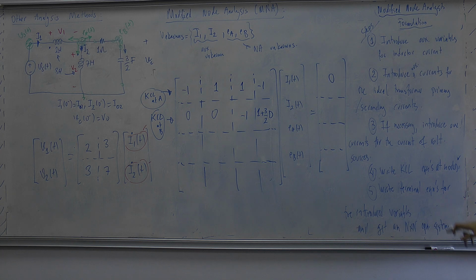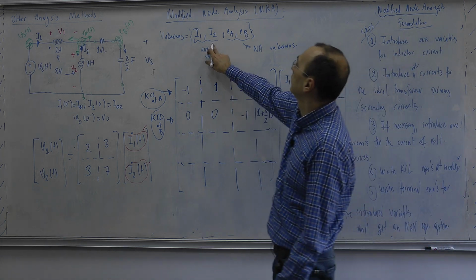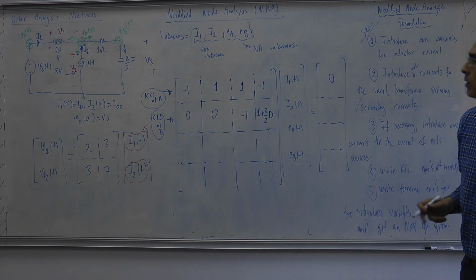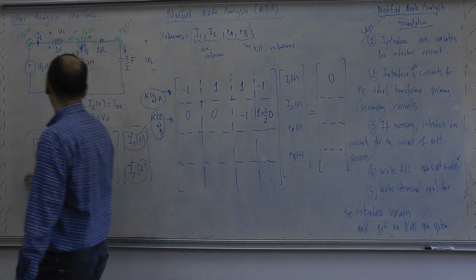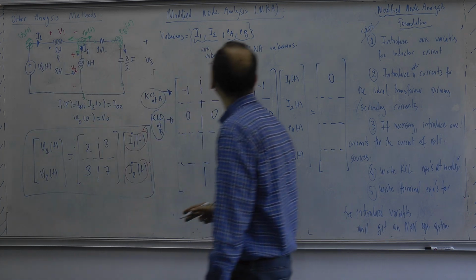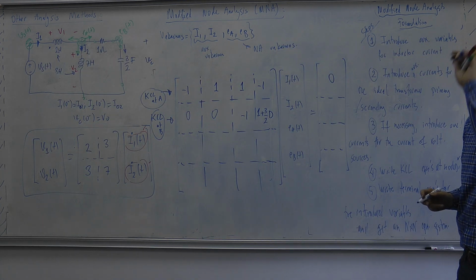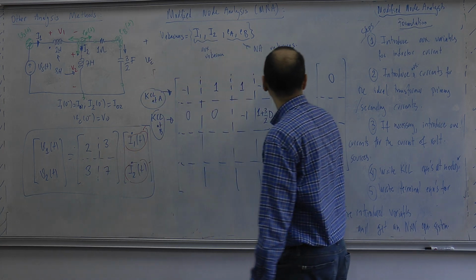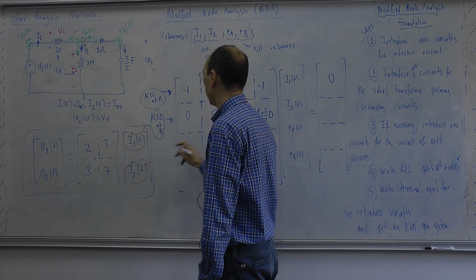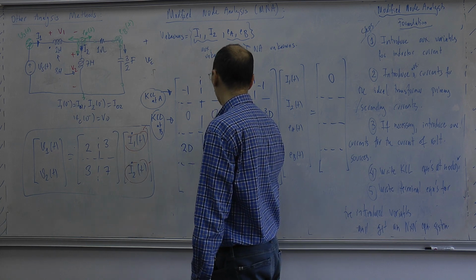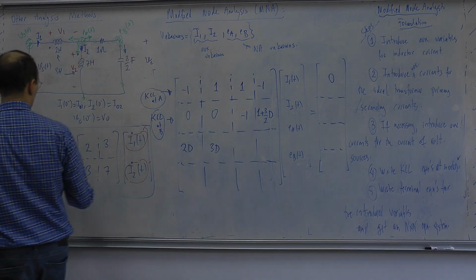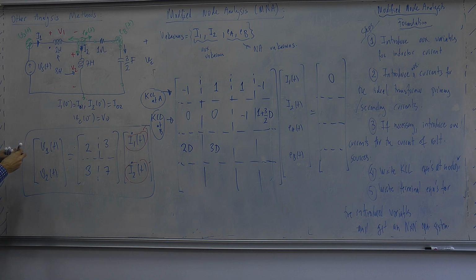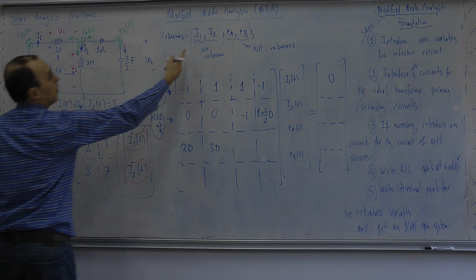Write terminal equations for the introduced variables. So what do I mean by that? Terminal equations for the, well, these are the auxiliary variables. Okay. So actually that is this, mutual inductor. So I need to write the equations for the mutual inductor. So how can I write this? 2 D I1 plus 3 D I2 is equal to V1. But what is V1? Well, V1 is not an unknown. Okay.